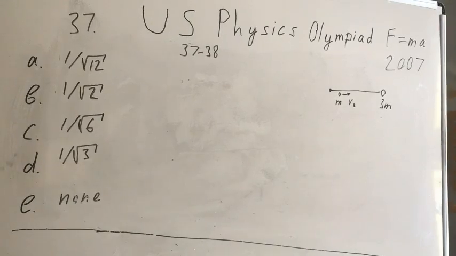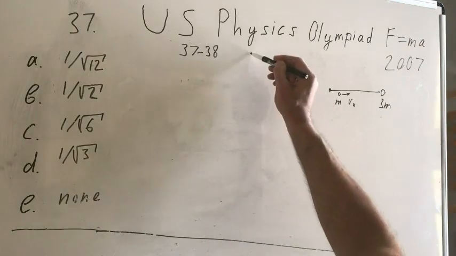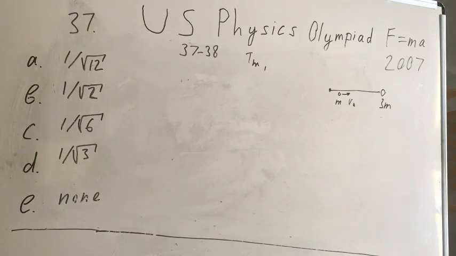Problem number 37 and 38. That's the last problems for this competition. The first problem of these two looks like this. A massless elastic cord that obeys Hooke's law will break if the tension in the cord exceeds T maximum, unknown tension.